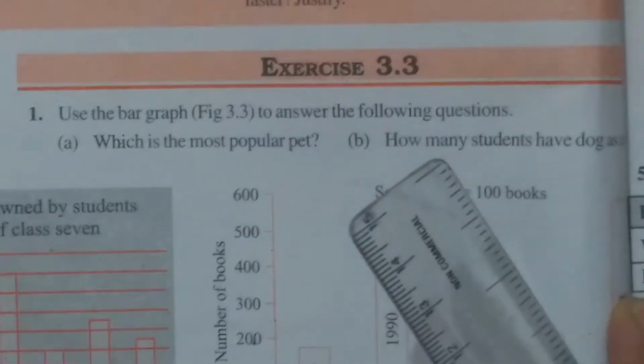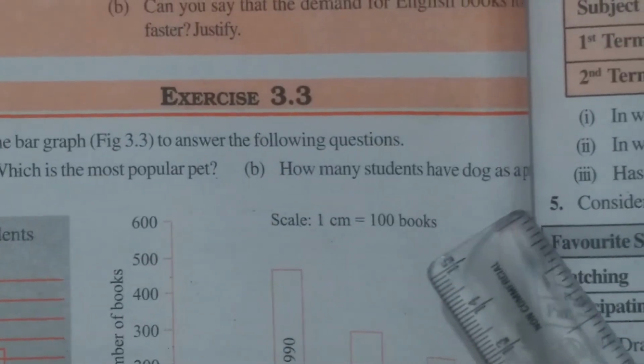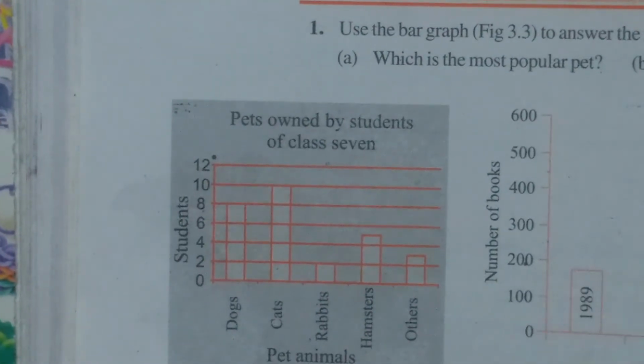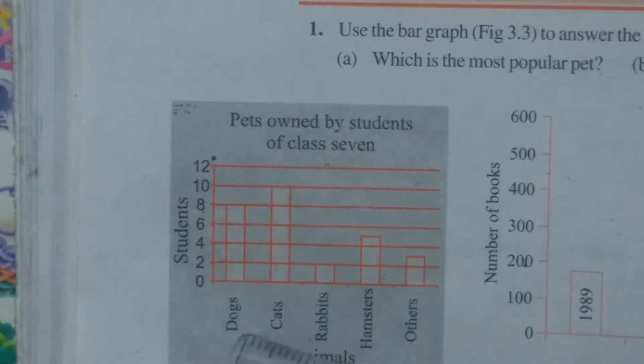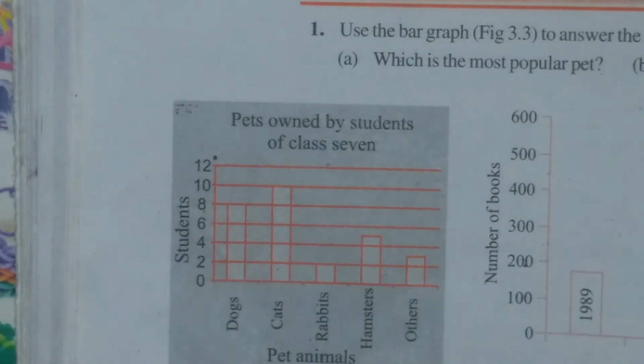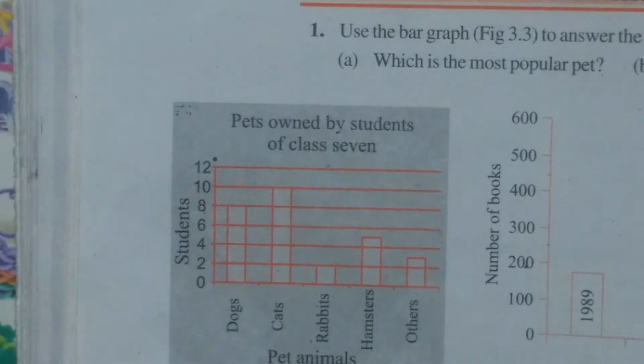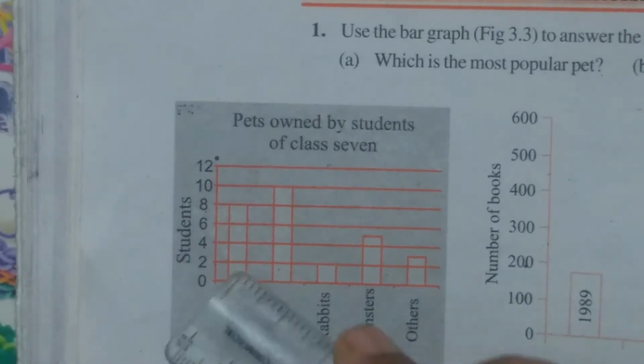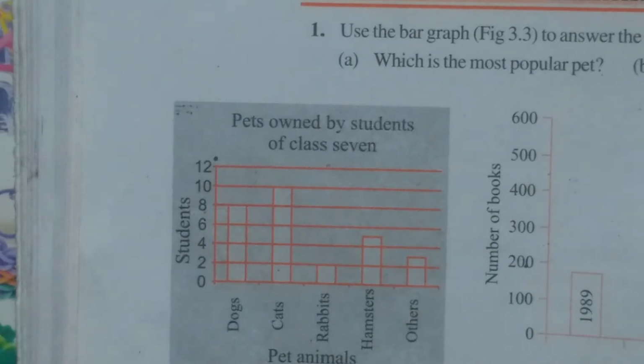Now coming to the second part: how many students have a dog as a pet? So 8 students have a dog as their pet. This is the answer to the question.